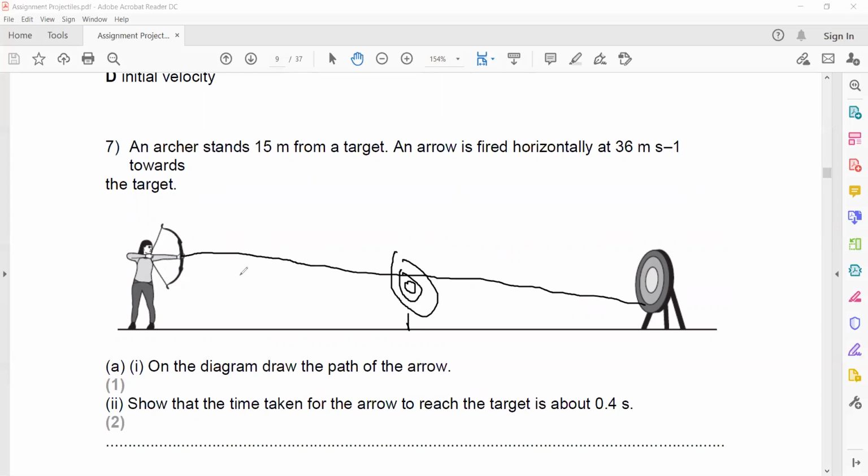The arrow will cover a smaller distance, or it will strike at a greater height above the ground. Is it clear?